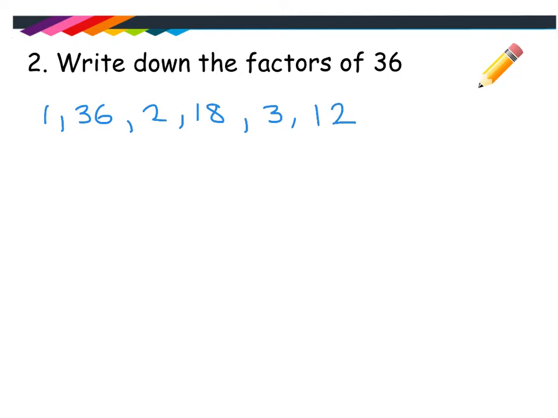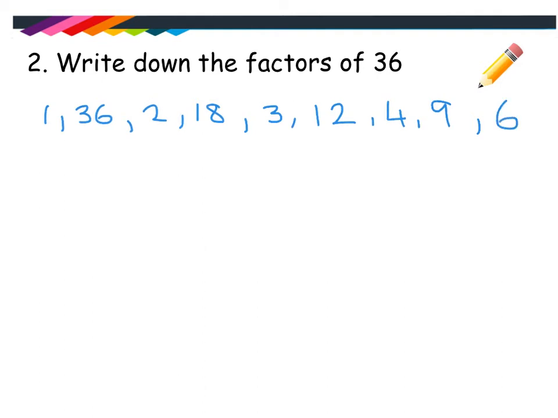Is there any more? There is. 4 goes into 36. So 4 times 9. And is there any more? Have I missed anything? Is there another number that 36 divides by? 6 times 6 is 36. But because that's 6 times 6, I don't write it down twice, I just write it once.